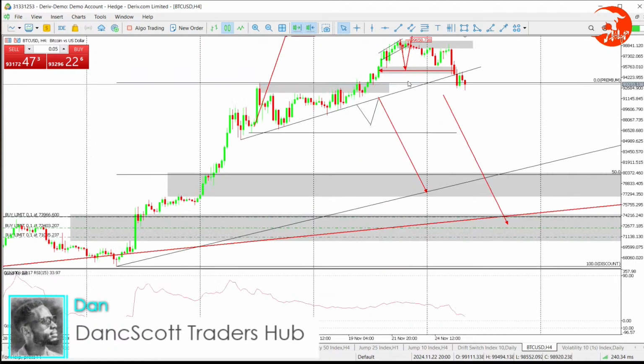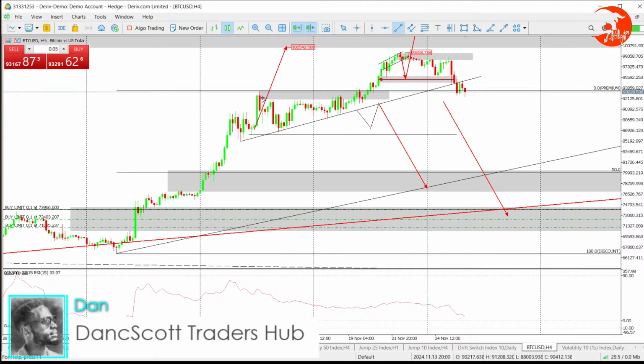Now, down below there, we had a support trend line that we had drawn previously, and this is on H4. If we add another resistance trend line up there, you will be able to see that currently we have some bit of a channel.